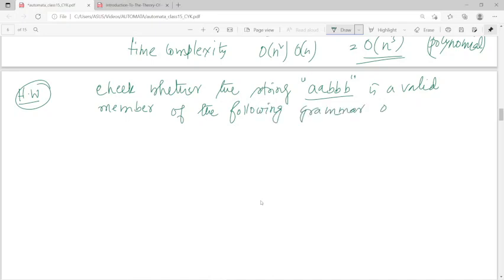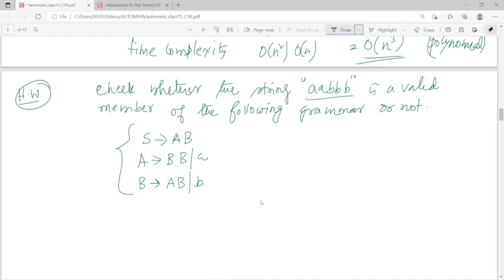That means S to AB, A to BBA, B to ABB. So this is a simple thing, and that is a home task, nothing but that.